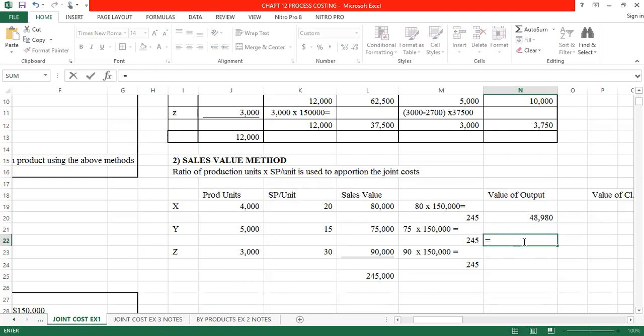Here we have 75 divided by 245 times 150,000. And this one we have 90 divided by 245, close the bracket, times 150,000.